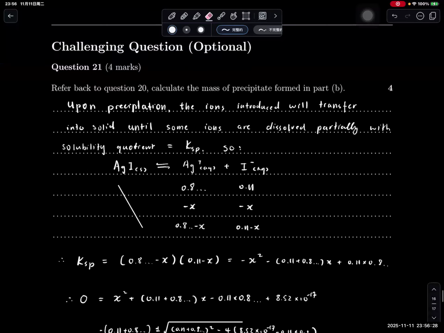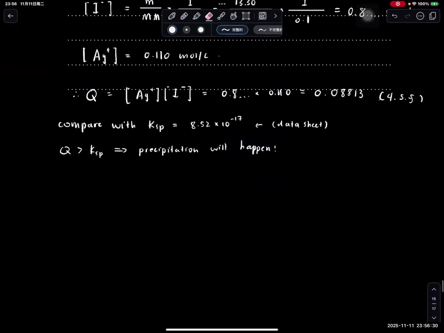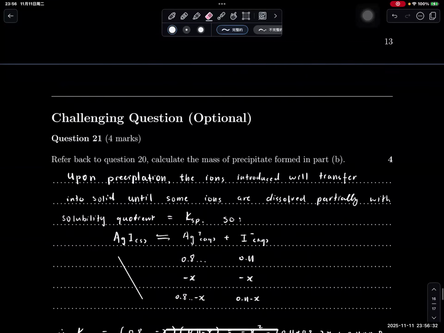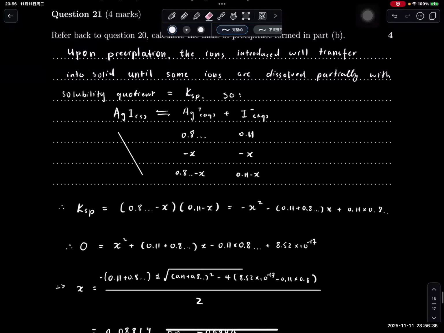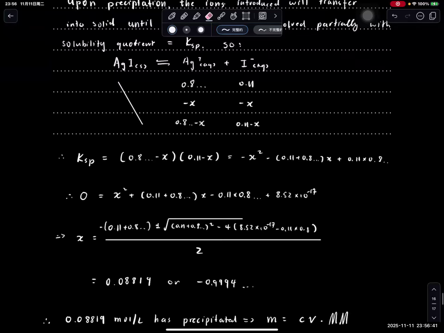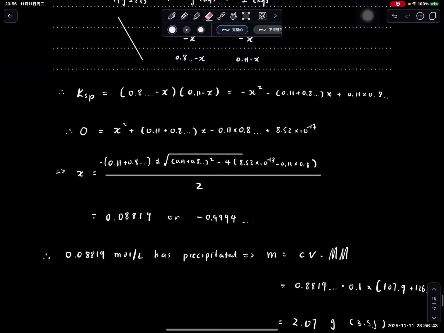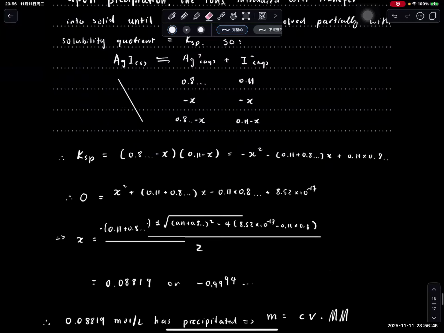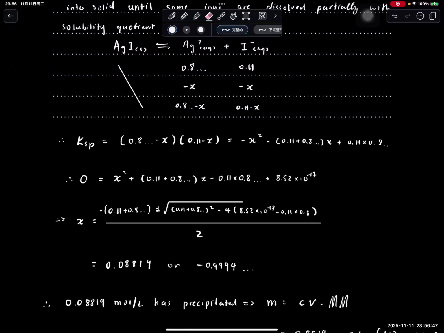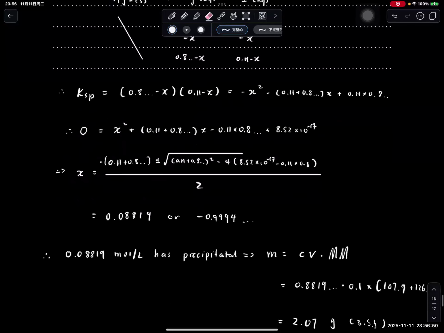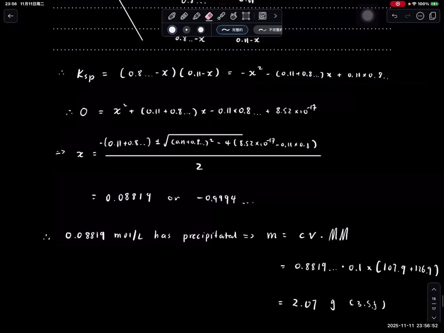So just get that, and then use the initial concentration above as your initial value, and then assume minus x, right? And then this time you actually need to solve the quadratic equation. Okay, because you know the KSP from the formula sheet. You get two values. So x being negative doesn't make sense. Okay, so x must be the positive value, and then you just convert the unit into grams.